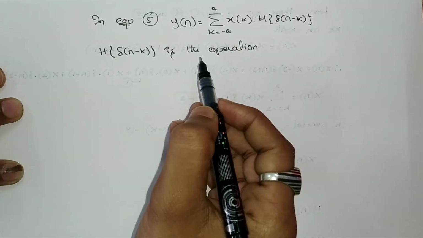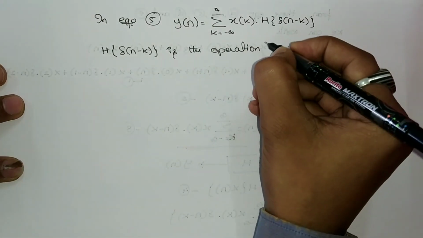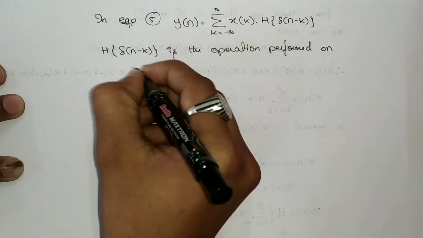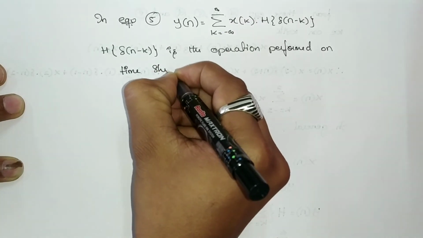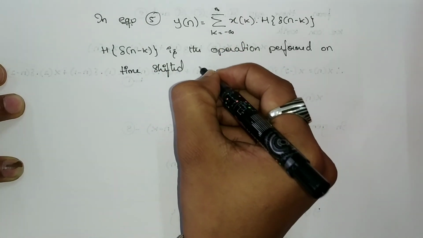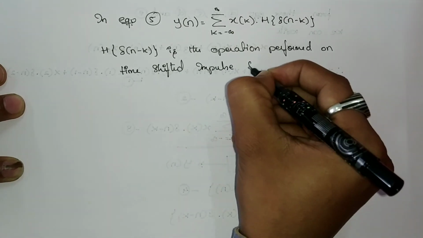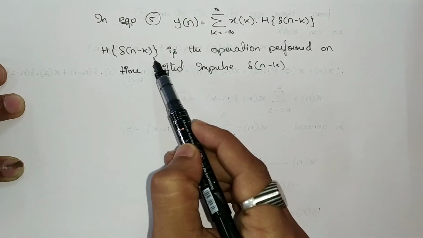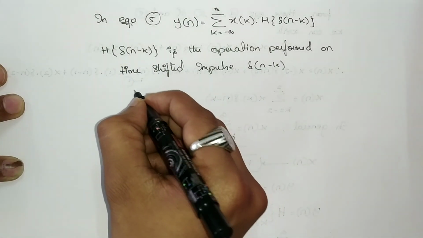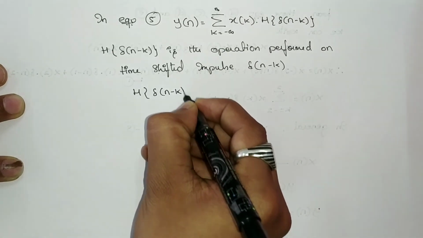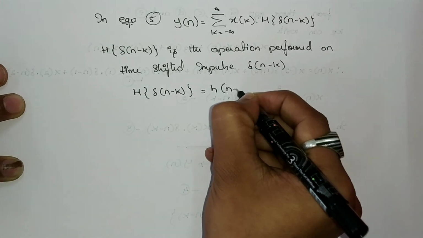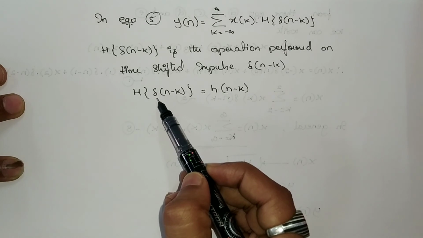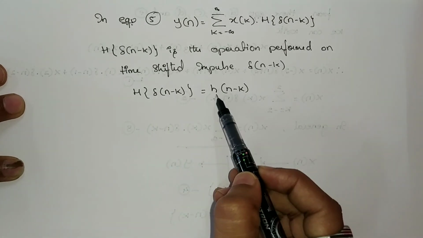H is an operator. Operator is the operation performed on the time shifted impulse delta of n minus k, right? H is an operator operating on a time shifted impulse delta of n minus k, which can be written as h of n minus k.